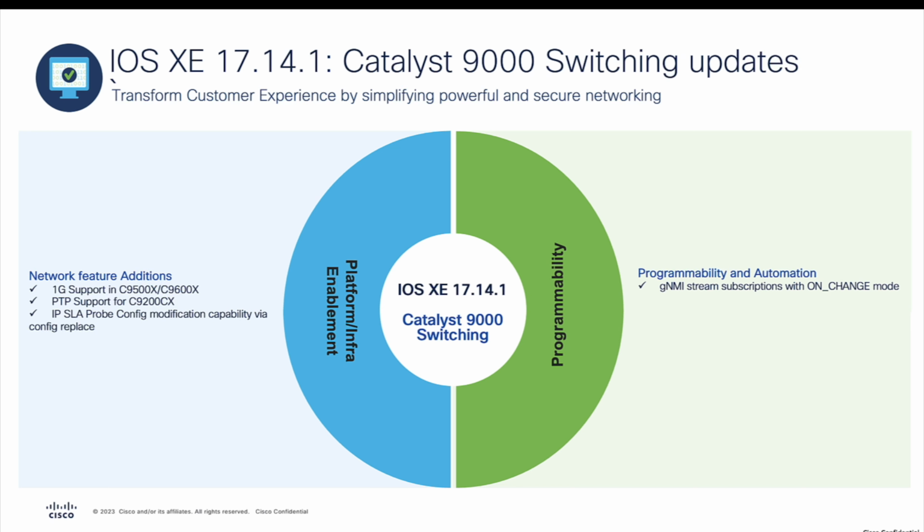Additionally, we'll take a closer look at the enhancements in programmability, particularly the introduction of GNMI stream subscriptions with the unchanged mode. These updates are all about giving you more flexibility, control, and performance, and also ensuring your network is not only robust but also future ready. So let's dive in.